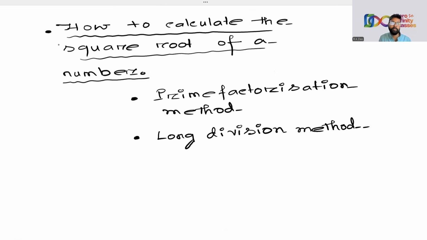The first one is prime factorization method, and the second is long division method. So let us start with the prime factorization method.